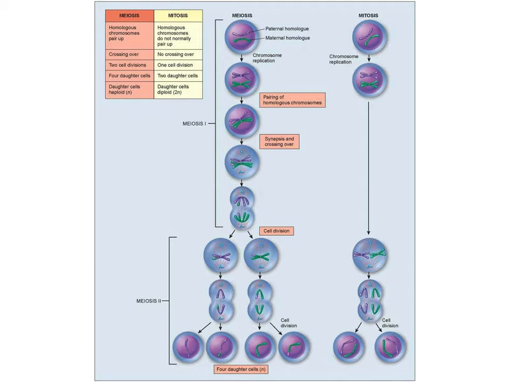Okay, to review, on the right-hand side of this slide is mitosis. Before we enter mitosis, in the S phase of interphase, you undergo DNA replication. And then the cell will go through the stages of mitosis, which are the PMAT: prophase, metaphase, anaphase, and telophase, which are very much like meiosis 2.